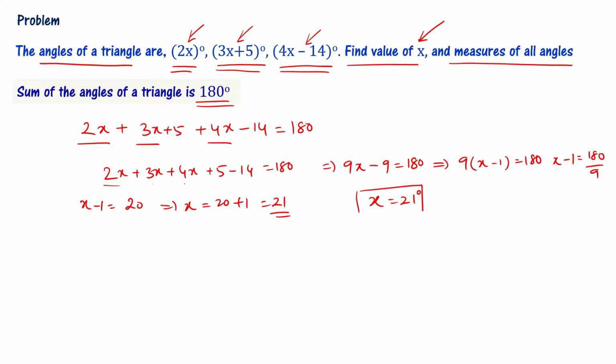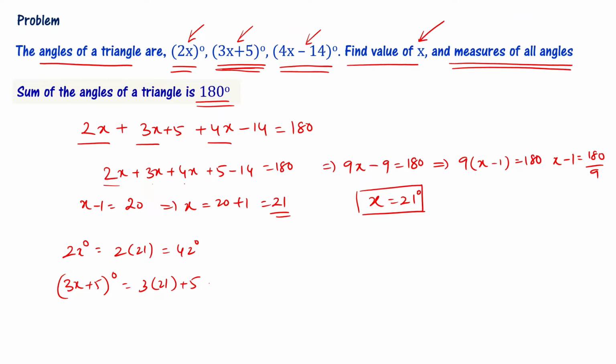This is one of the answers we have to write. Now we have to find the measures of all the angles. 2x degrees is going to be 2 into 21, that is 42 degrees. The next one is 3x plus 5. This is 3 into 21 plus 5. 3 into 21 is 63 plus 5, that is equal to 68 degrees.